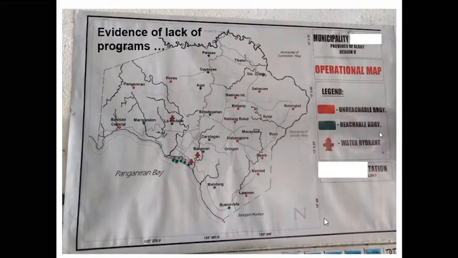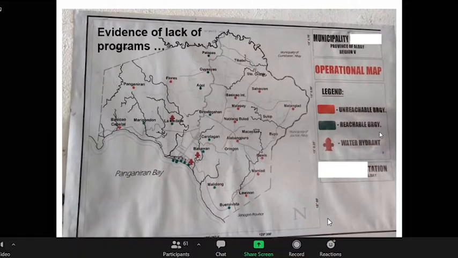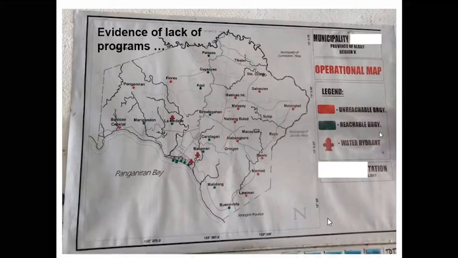They lack guidance. Correct ba? Yeah. And this guidance would come from programs. So, the case of this risk map, this operation map, is an evidence of a lack of program.